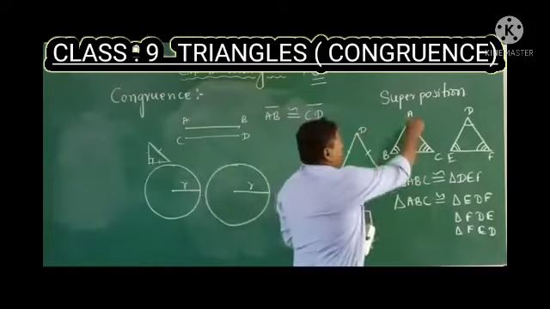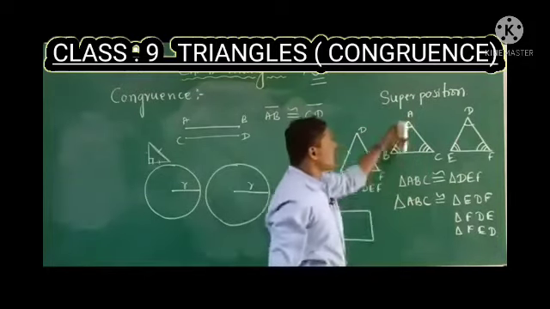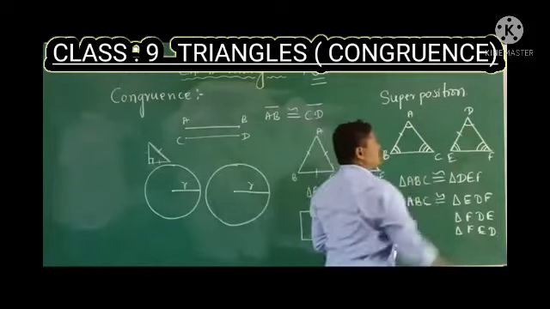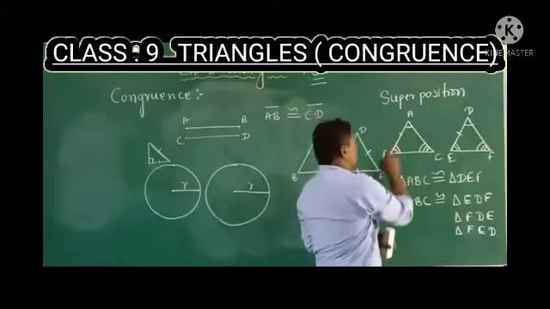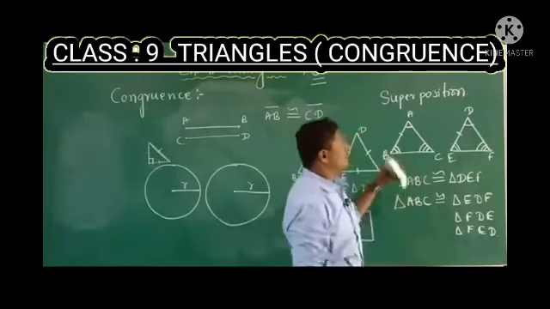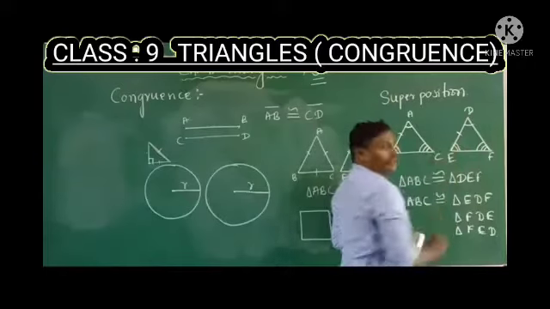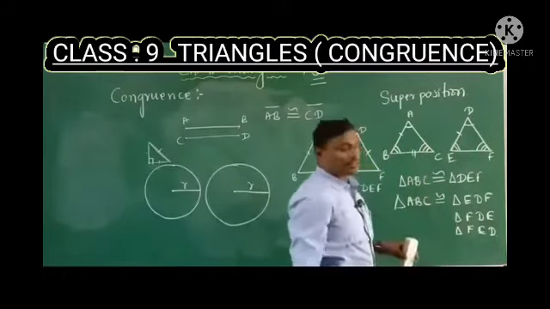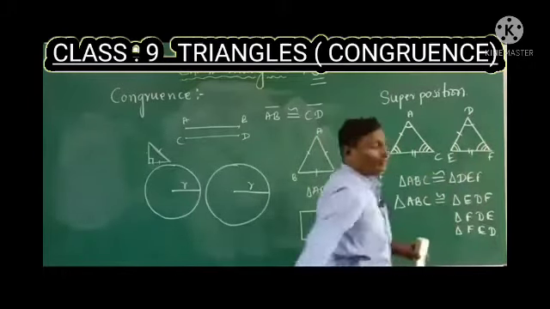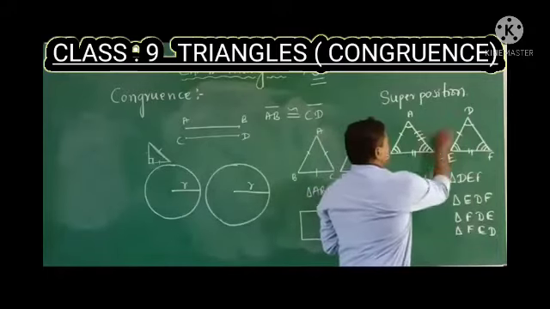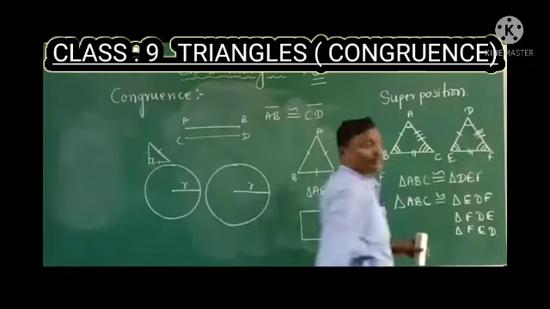Take sides also. Just our assumption: AB, the side of the first triangle, is equal to DE, BC is equal to EF, AC is equal to DF.